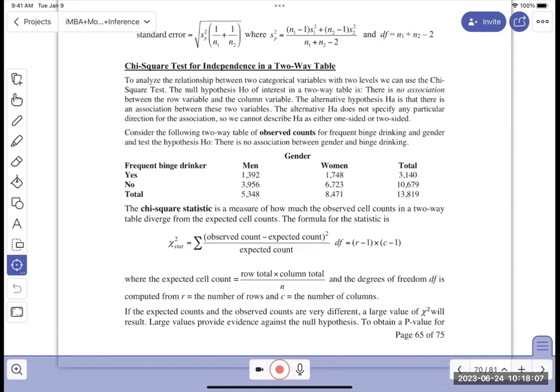Oh, it's right here. Okay, so the expected count is the row total times the column total divided by the total number of people sampled. And so you have your expected column. So this is like a long thing that you can calculate the chi-square with, but you can get these numbers. Again, this comes out of Excel very neatly.